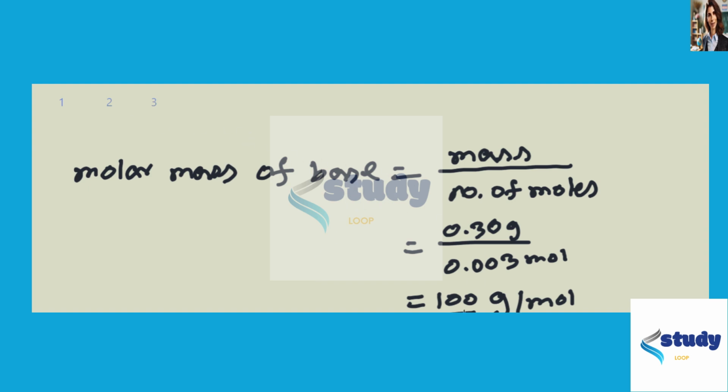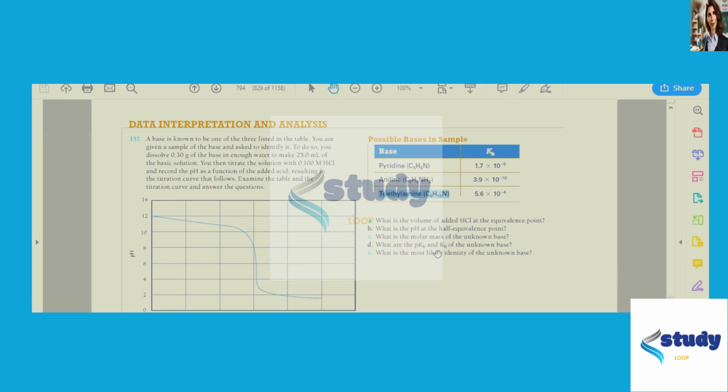Since we calculated the molar mass as 100 gram, which is close to the molar mass of triethylamine, the base here is triethylamine. So we have already answered question E, which says the likely identity of the unknown base is triethylamine.